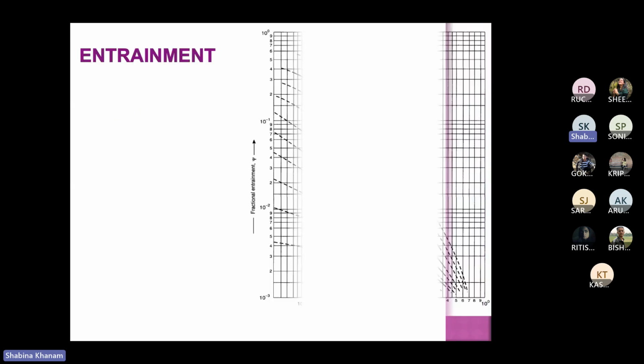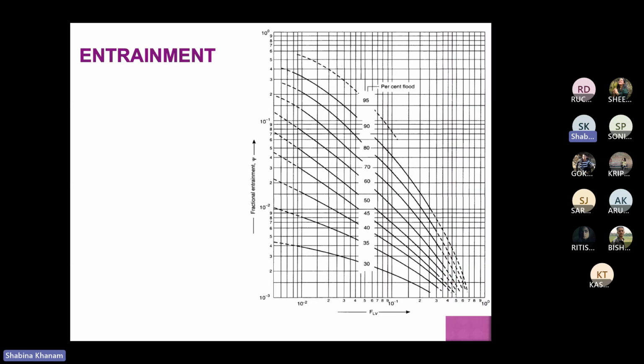And next we will check the entrainment condition. You can recall from the last class: entrainment, weeping, flooding, downcomer backup, all these parameters we need to check before proceeding further.